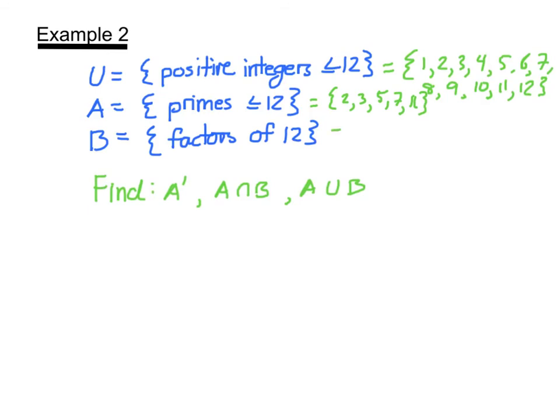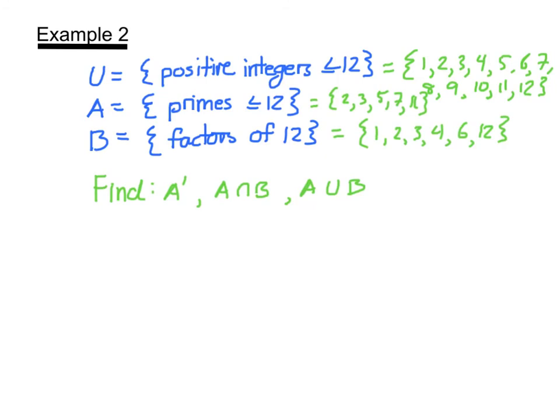And the factors of 12 are 1, 2, 3, 4, 6, and 12. Now I could draw a Venn diagram to help me find all of these different sets and the unions and the intersections, but I actually don't even really need to do that. We can draw a Venn diagram at the end to check our work.